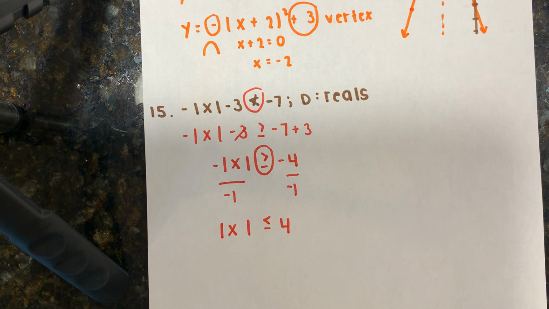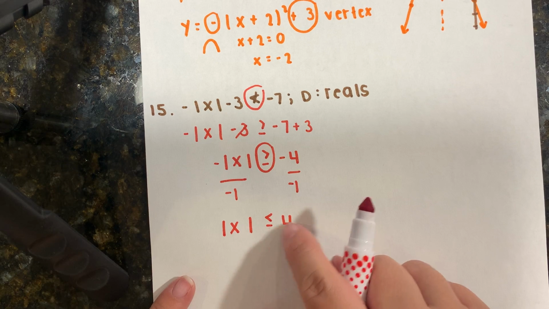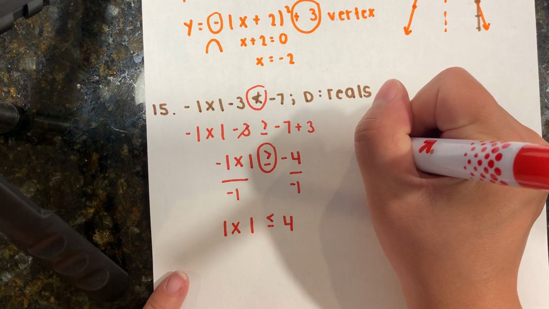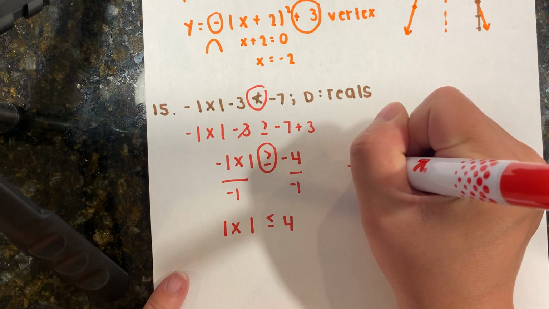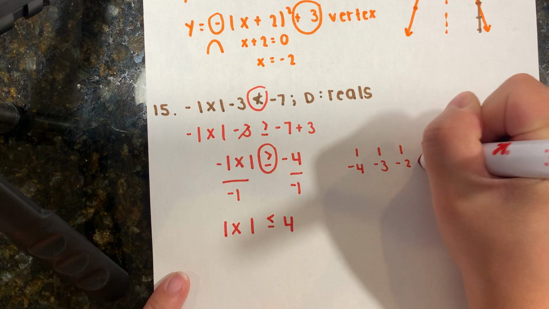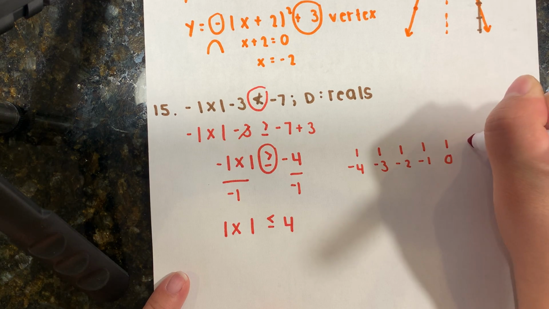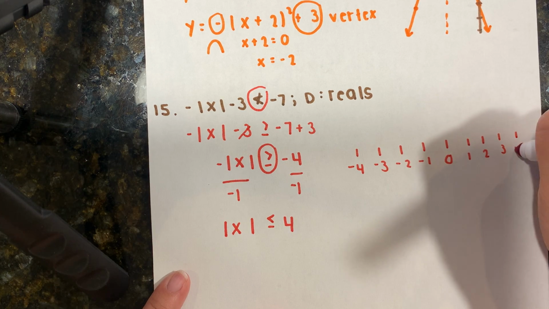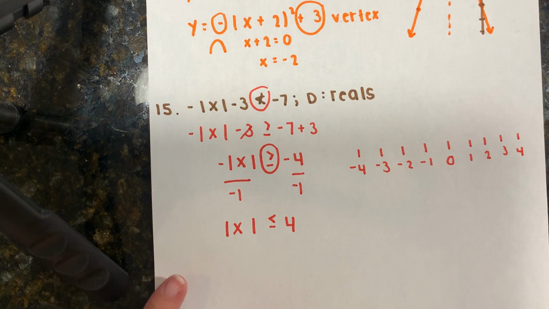Now remember, there's going to be 2 endpoints on this whenever we have the absolute value. You're going to have +4 and -4. So this is -4. Reals is just going to be an arrow.